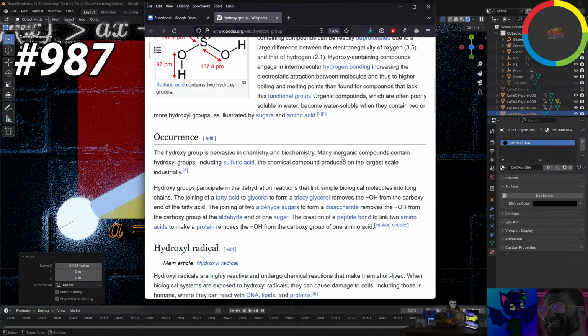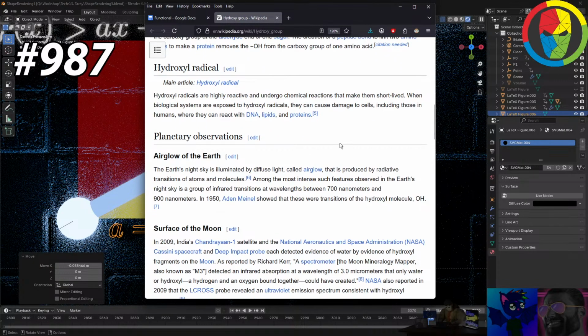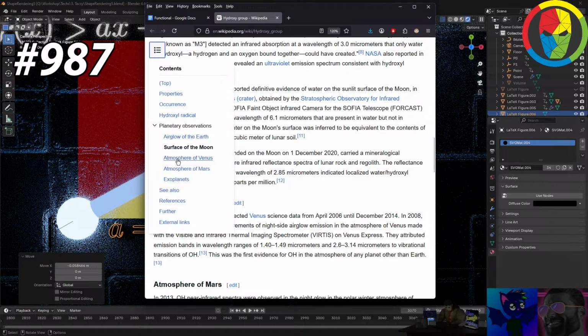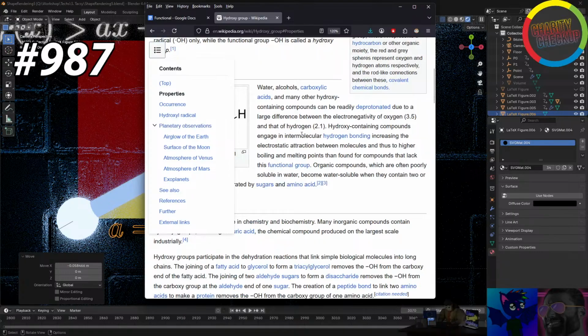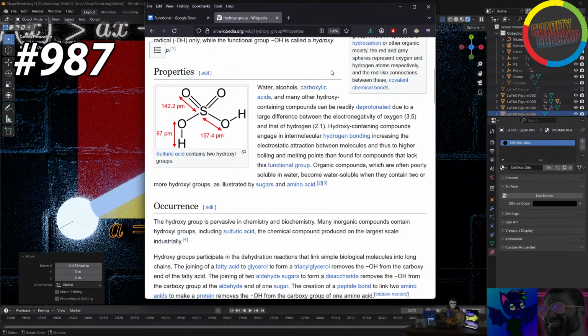Okay, no, it is hydroxyl, good. Okay, so hydroxyls do appear to be hydroxy-containing compounds engage in intermolecular hydrogen bonding, increasing the electrostatic attraction between molecules and thus to higher boiling and melting points than found for compounds that lack this functional group.